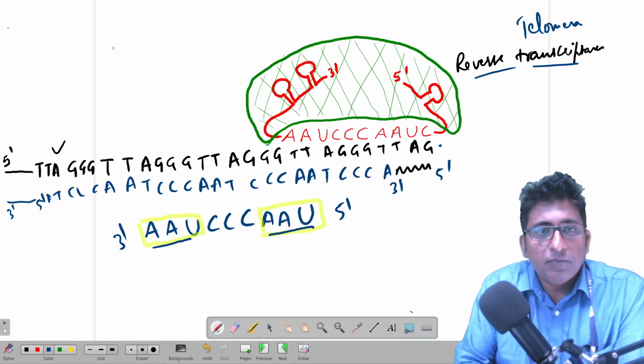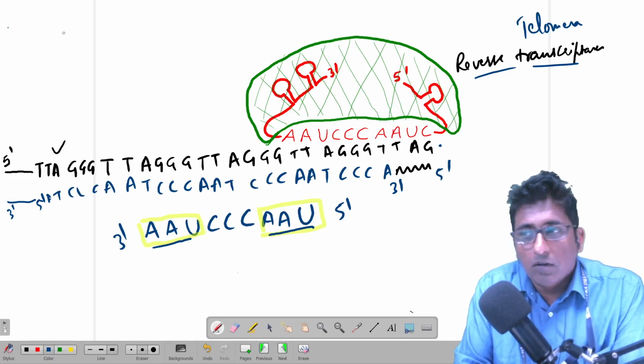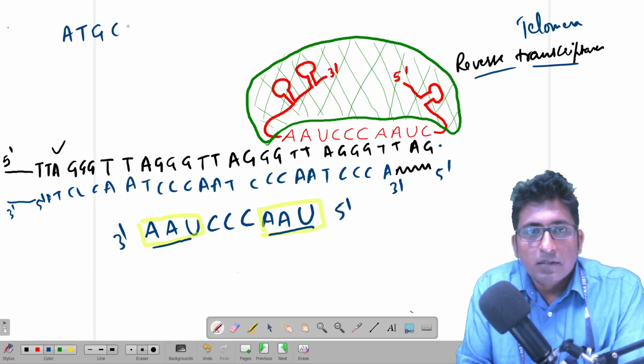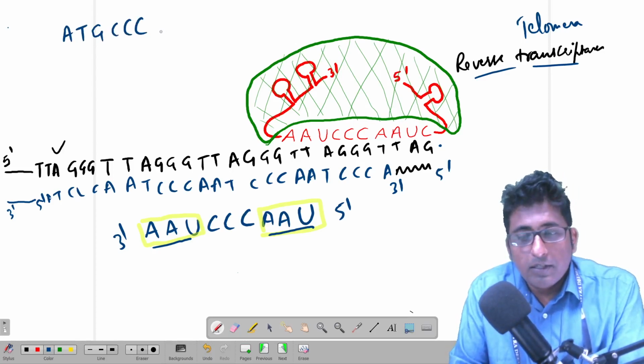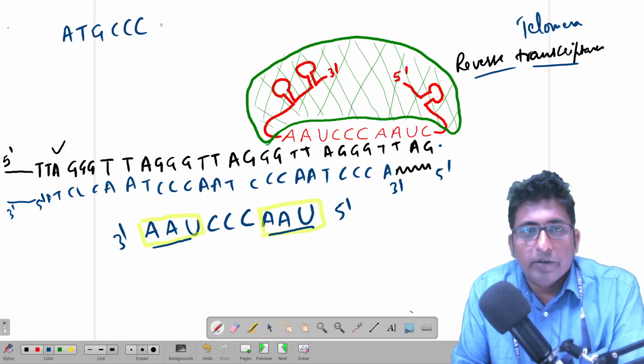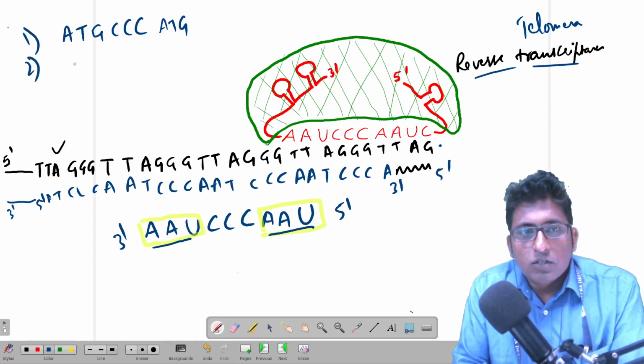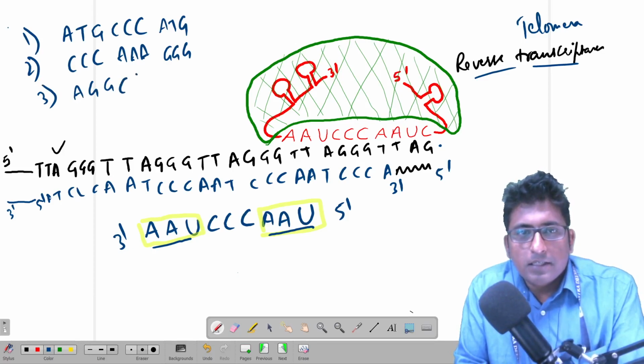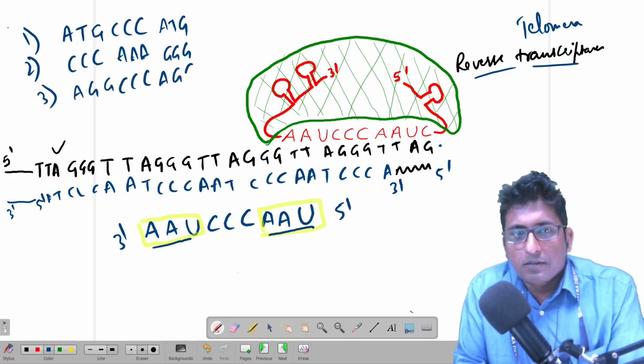AAU followed by another AAU, and that symmetry is important. Say for example, if I have given you 4 sequences and try to say which one of it is possibly the sequence in the RNA template of a telomerase, what would you give? This is 1, 2, C, and AGG.